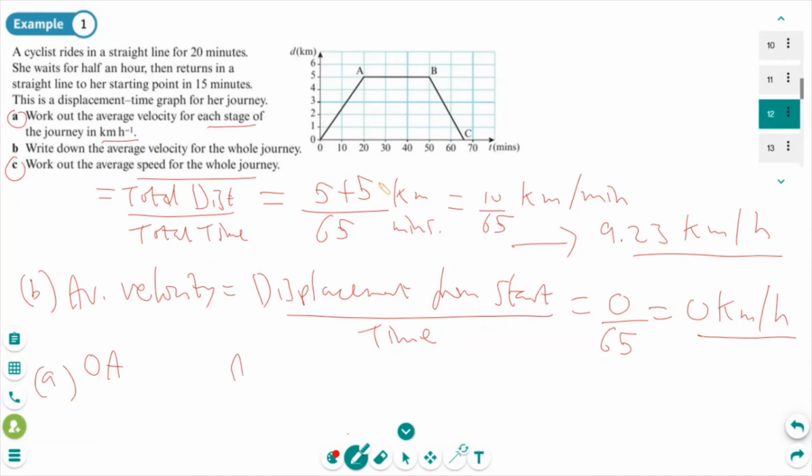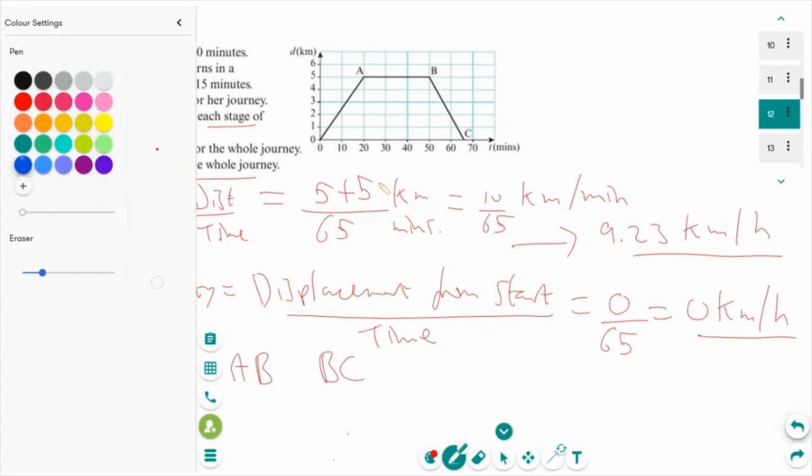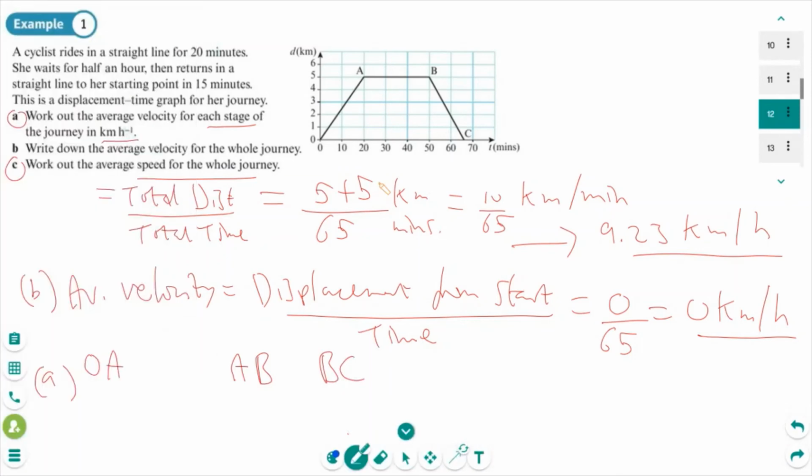So I'm going to work out the average velocity for each stage. So for the average velocity, I need the displacement from the start. So for O to A, the person has traveled 5 kilometers from the start. So the calculation would be 5 over the time. The time taken to go from O to A is 20 minutes.